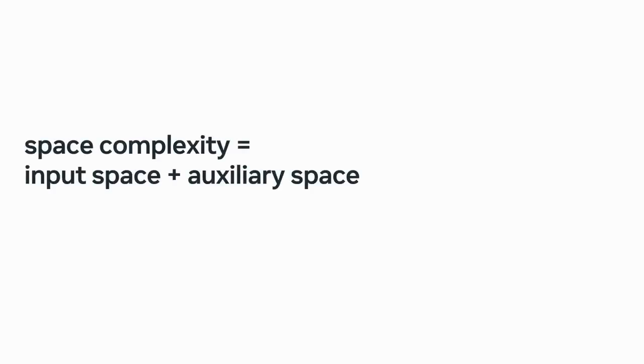Big O space complexity allows for the auxiliary space required for arriving at a given solution. So it can be said that space complexity equals input space plus auxiliary space, that is, the space required to compute a result. Remember that you calculated the space complexity, where an integer requires 4 bytes of memory. You added the 12 bytes of the header object and the 4 bytes for the padding. The total was 32 bytes.